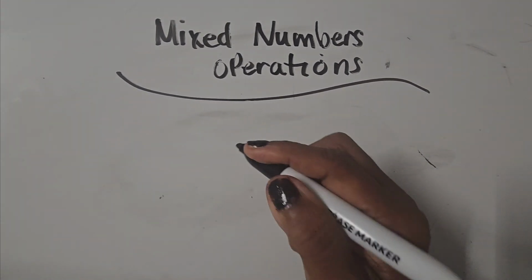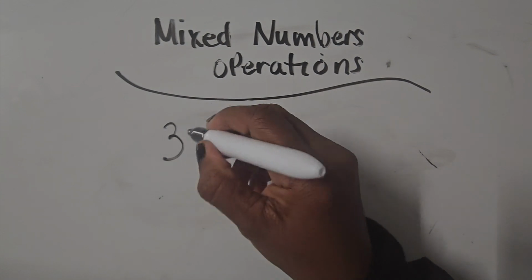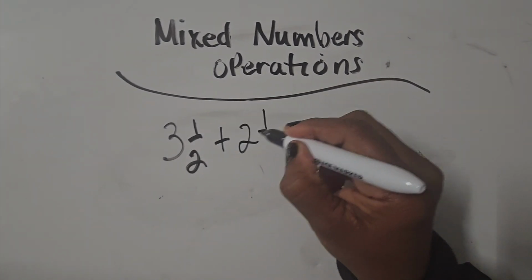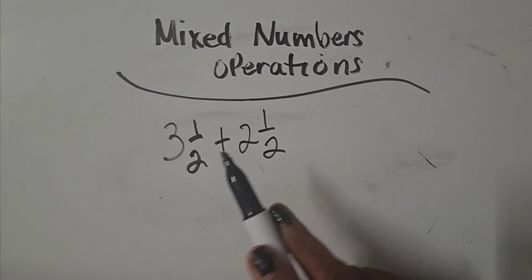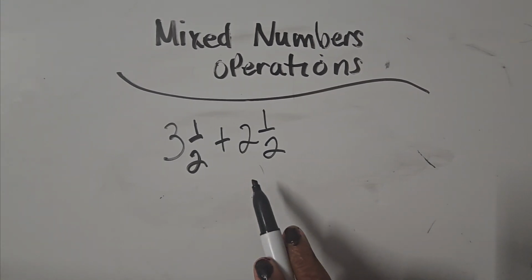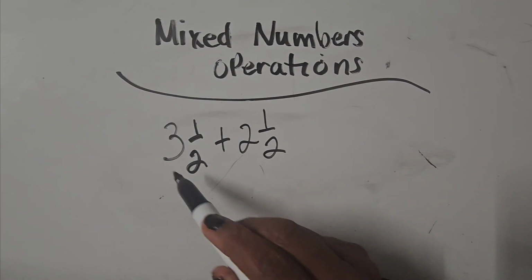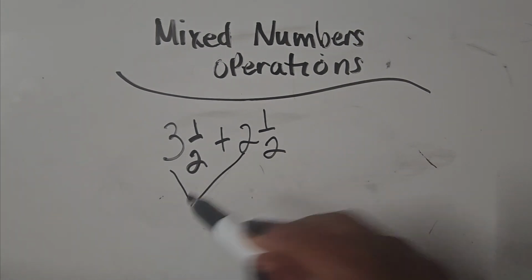All right, let's do 3 and 1/2 plus 2 and 1/2. This is called adding mixed numbers. When you're adding mixed numbers, the 2 whole numbers get added together.